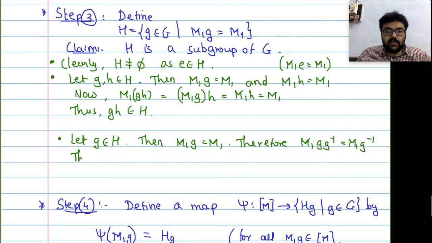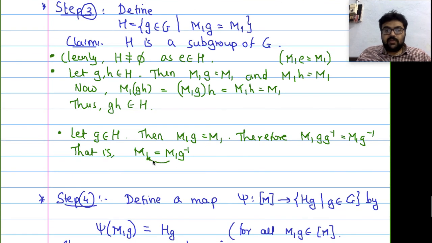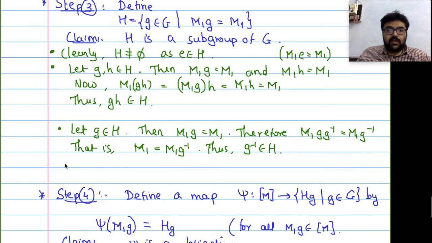So M1 G inverse equals M1. That means M1 G inverse equals M1, and thus G inverse also belongs to H. So hence H is a subgroup.